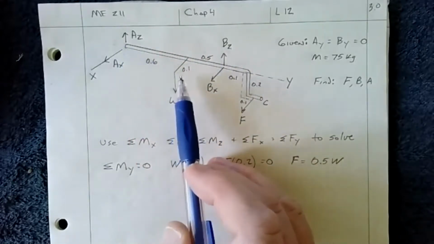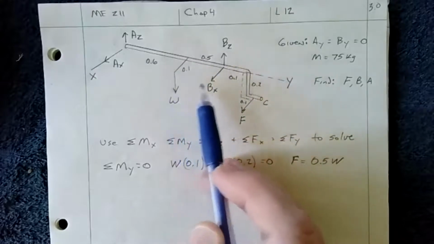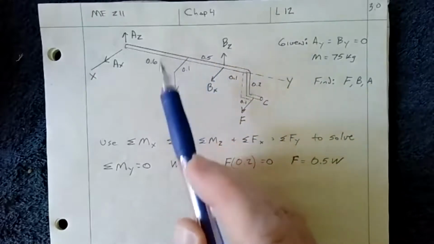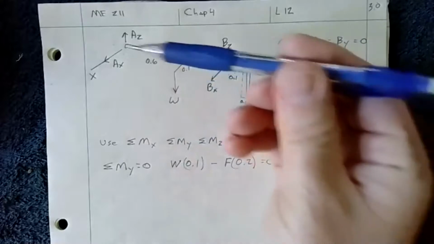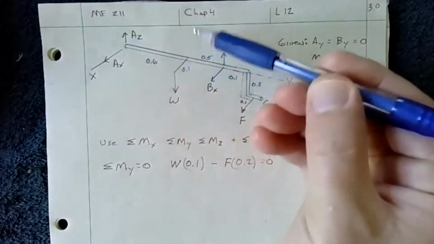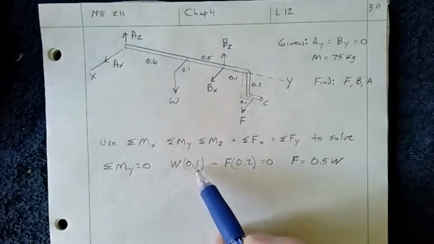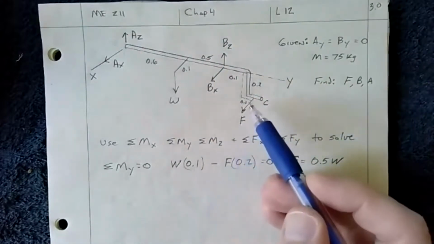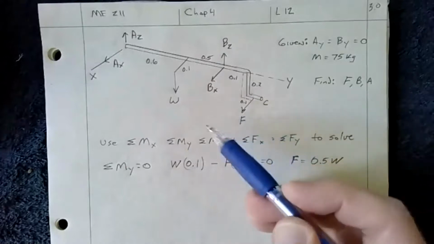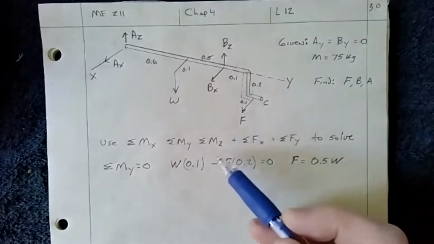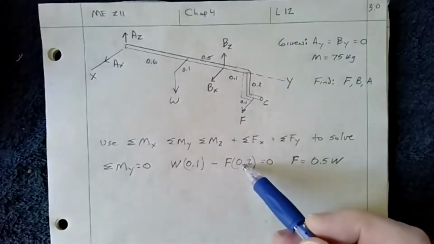But you notice how the W wants to make a counterclockwise rotation. So if this is the positive Y, it wants to do this counterclockwise. So W times 0.1, and then F wants to go the other way or clockwise, minus F times 0.2.